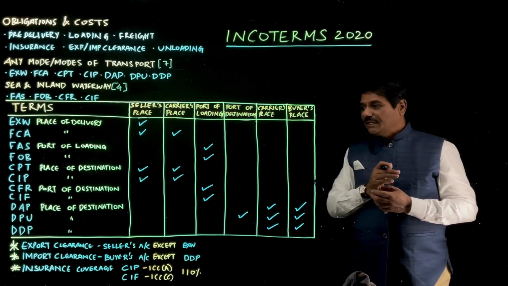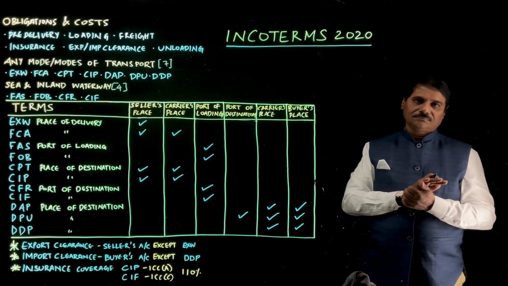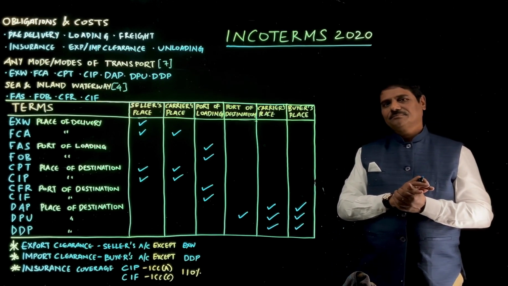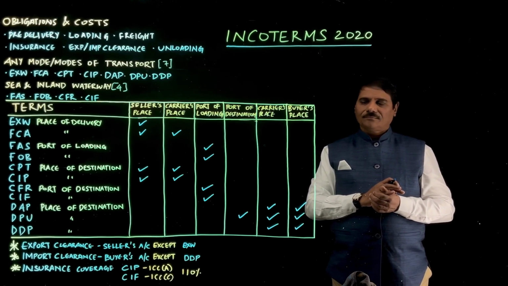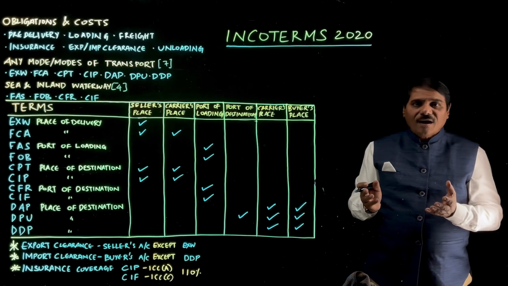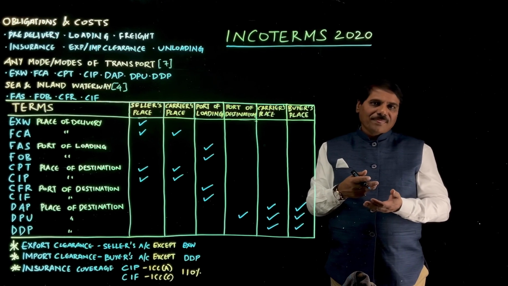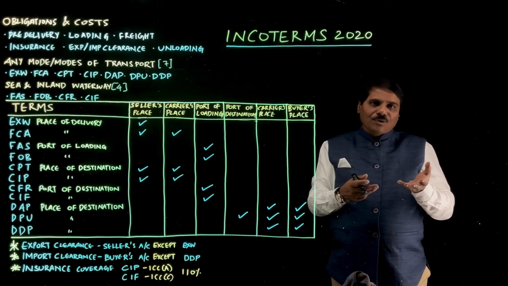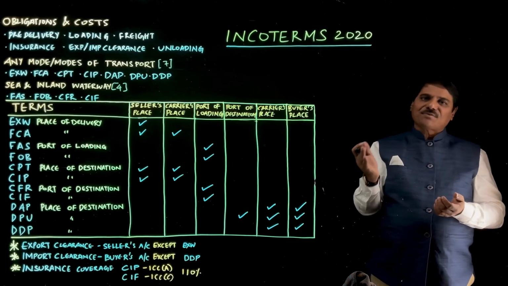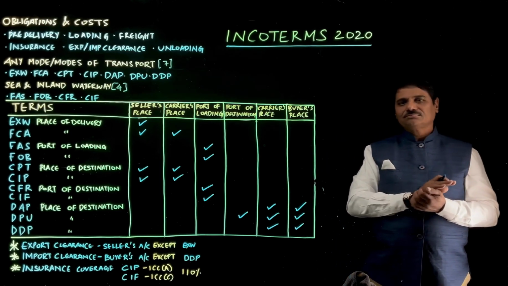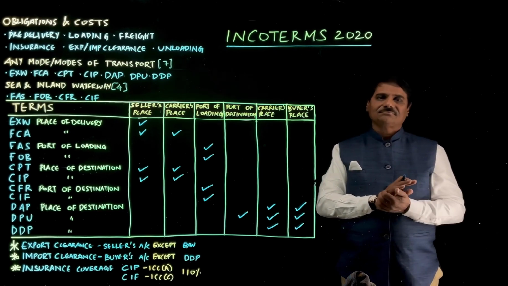And the other term, delivered at place unloaded. Here, unloaded. What is the difference between DAP and DPU? In case of DPU, you have to unload the goods. Seller is responsible to unload the goods at the buyer's country at that specified place.